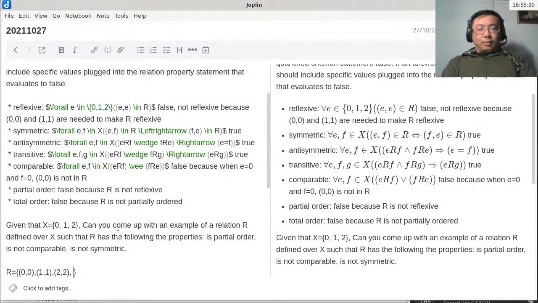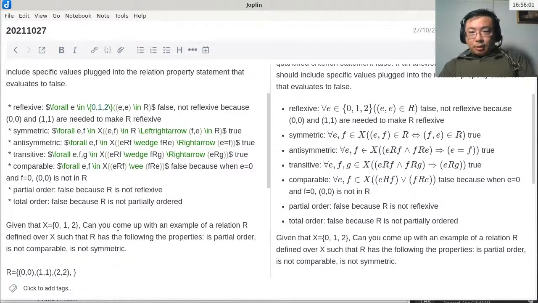We don't want it to be comparable, because if it were comparable, it would have been totally ordered, right? So we don't want it to be comparable, and that's easy to do. I don't have to do a single thing to make something not comparable, because to be comparable I usually have to add things. I don't have to do that. But the last one is tricky. I don't want it to be symmetric, and it is symmetric at this point.